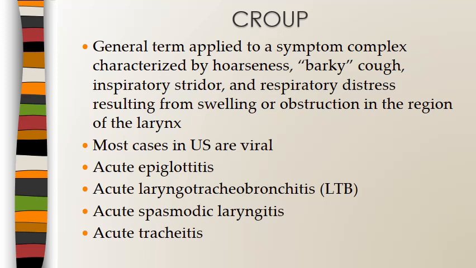In the United States, the majority of croup have a viral etiology, and the diseases that we see that go underneath this title grouping are acute epiglottitis, acute laryngotracheobronchitis, acute spasmodic laryngitis, and acute tracheitis.